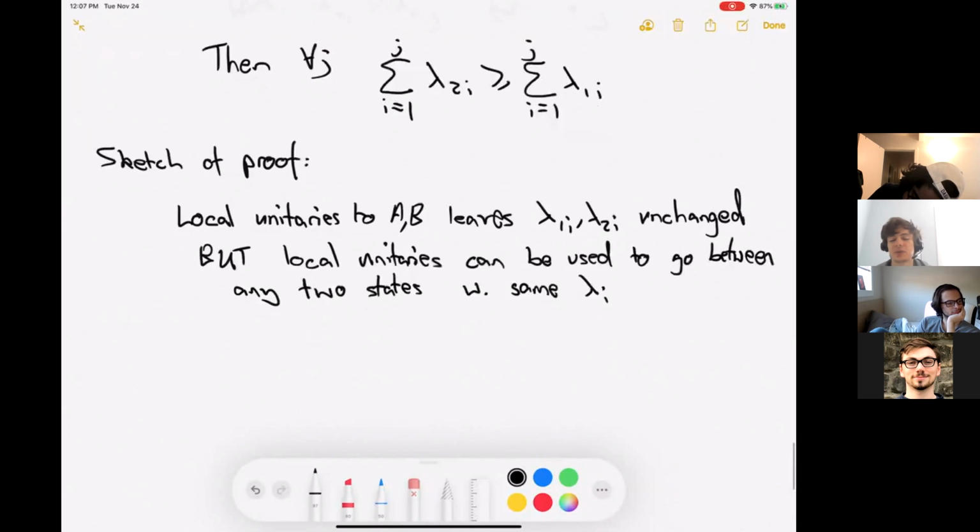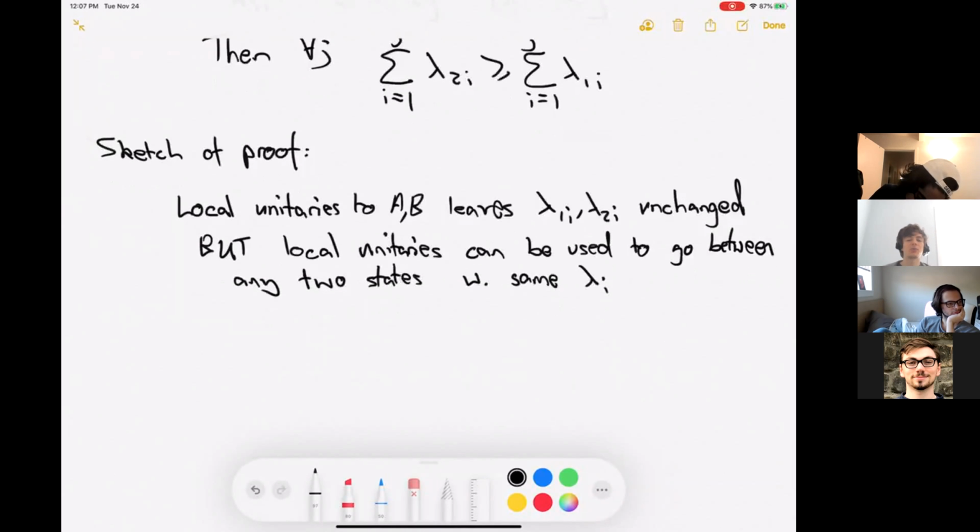So if we can get the lambda i's right, then local unitaries will deal with the rest.